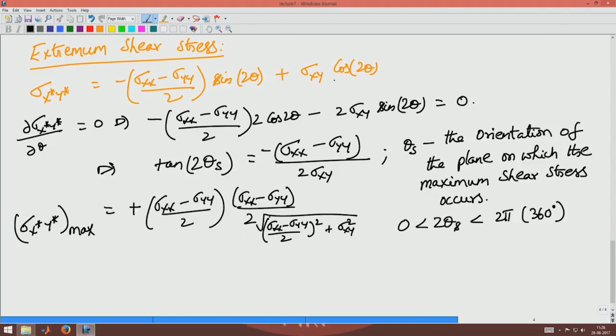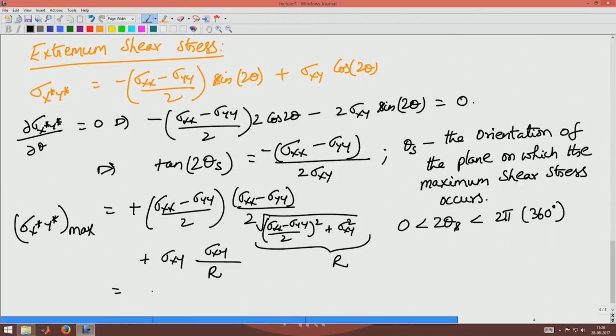And then for cos 2 theta it is going to be plus sigma xy into sigma xy by, if I call this quantity under the square root r, that is going to be sigma xy by r. Okay. So, what is this?